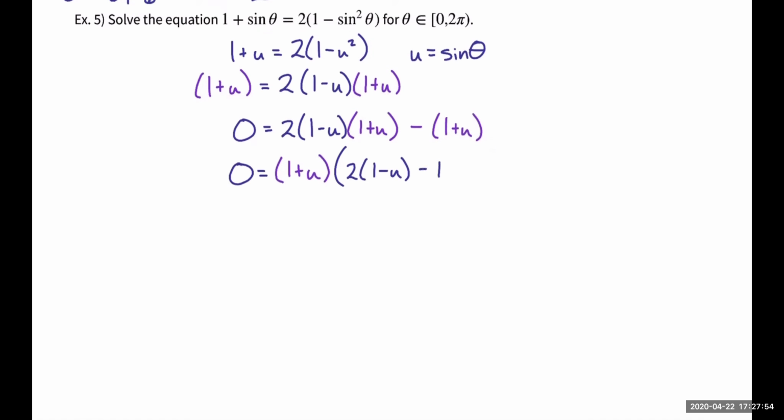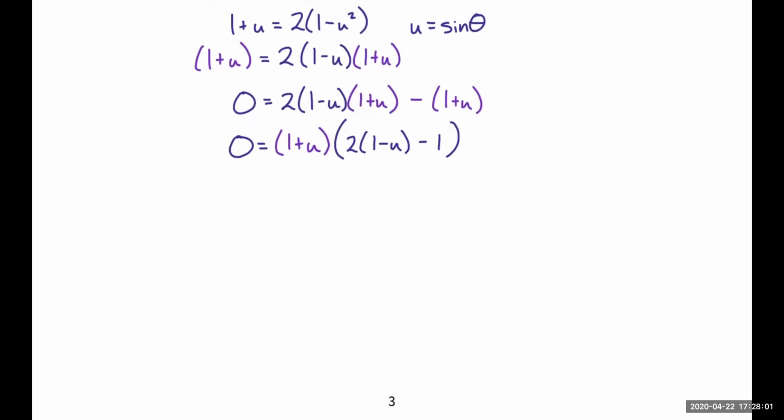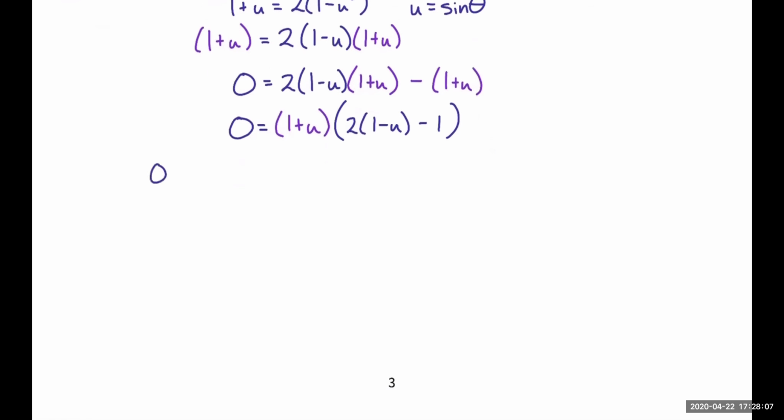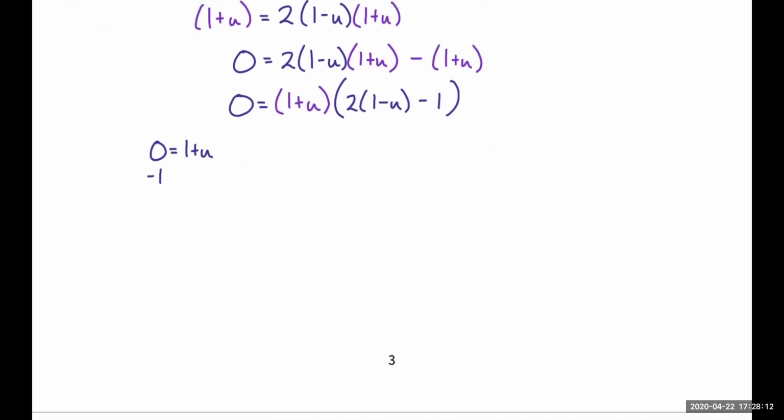All right, now it's just sort of a matter of using our zero product property and then simplifying it, right? So I can say that 0 is equal to 1 plus u, and that would mean that -1 is equal to u, right? I can say that 0 is equal to 2 times 1 minus u, minus 1.